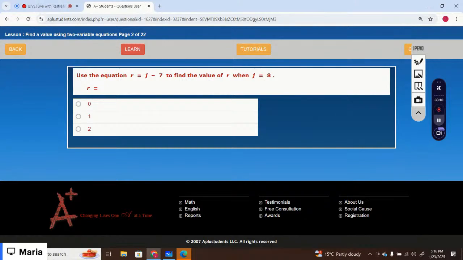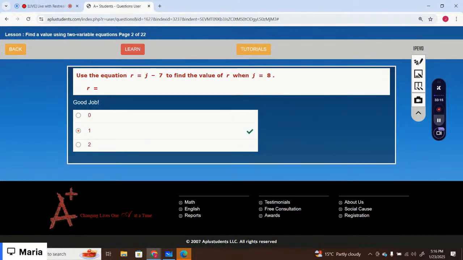The correct option is, very good. 8 minus 7 is 1. Option number 2 is the correct option.